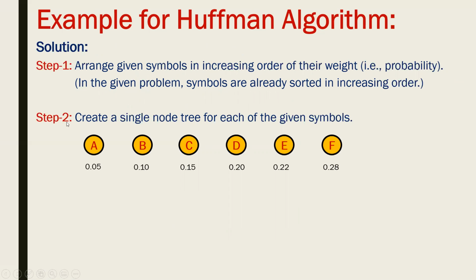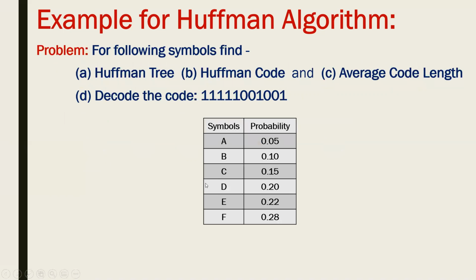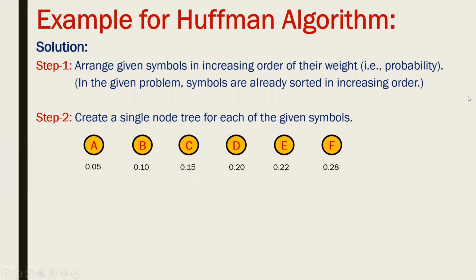So we move to the second step, the compulsory step, where we generate a single node tree for each given symbol. Here there are 6 symbols, therefore we generate a single node tree for each, and we write the probability of each single node tree.